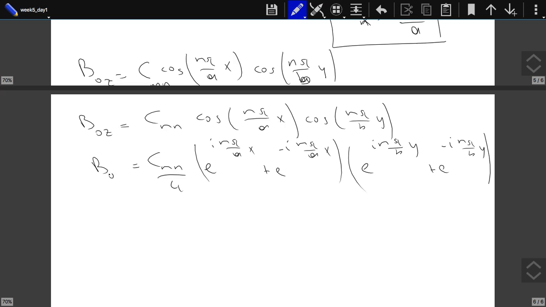This is our B0z. And keep in mind that Bz is equal to B0z e to the power i(kz minus omega t).